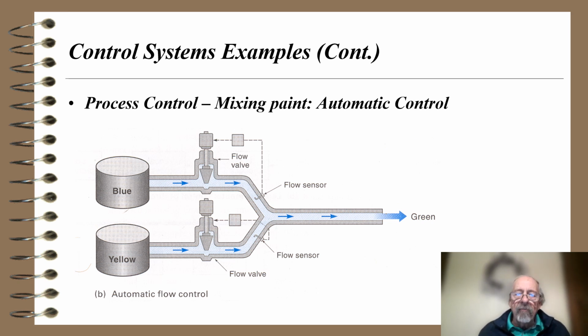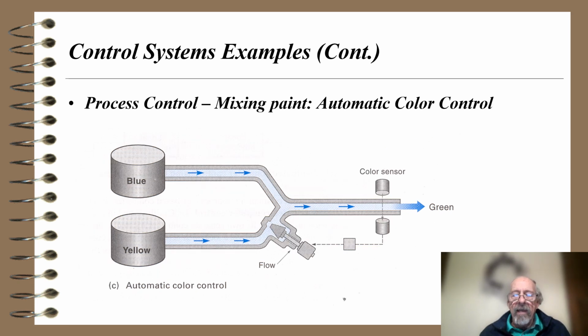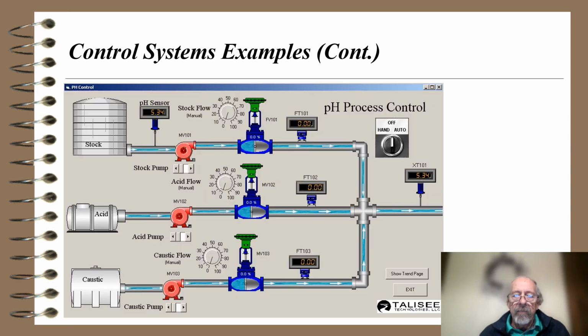Now we have flow valves that are run by, say, an electronic flow sensor inside the pipes, and this automatic flow control probably gives you better green paint than just mixing it manually. Finally, we have automatic color control, where in this case we have color sensors, and the feedback from the color sensors goes to the flow control.